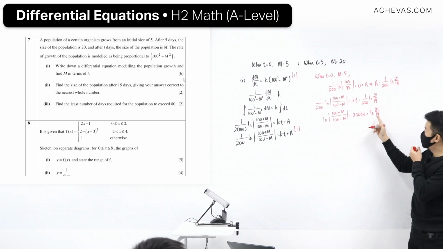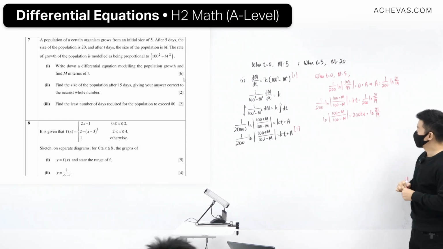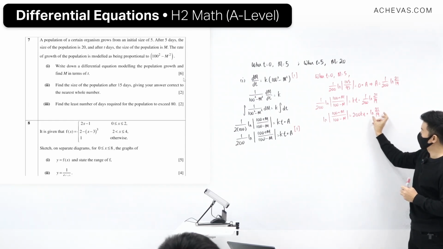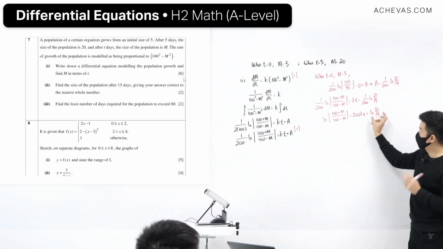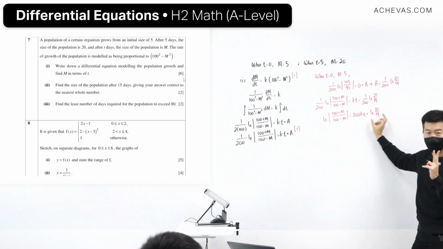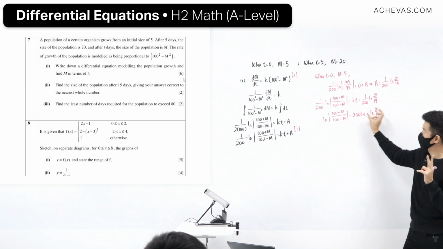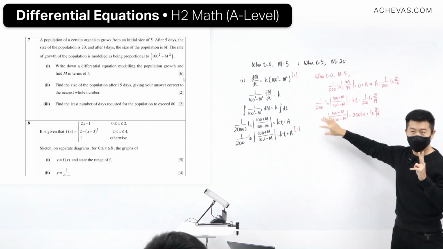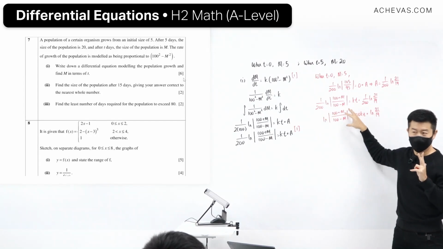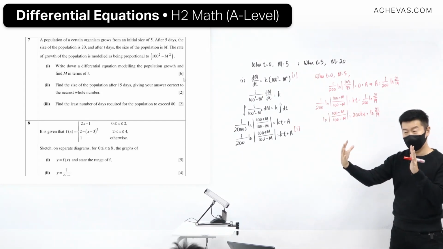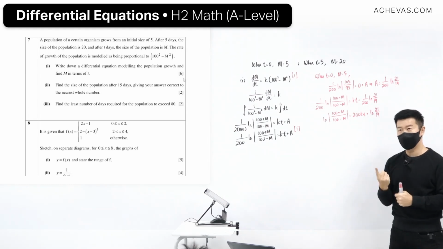This ln of 21 over 19 is very painful for me to look at in my equation. There are two ways that I can think of now to reduce the burden of having this in my equation. One is to bring it over to the other side. So I'll have ln something minus ln something. I can very easily collapse the ln, make it into ln of one single expression. So that's one strategy.